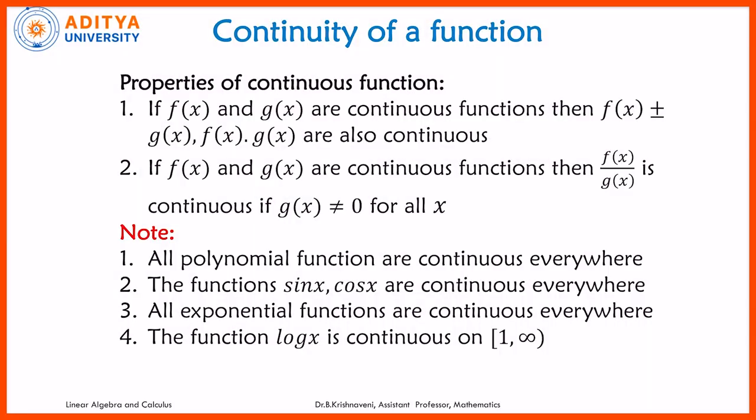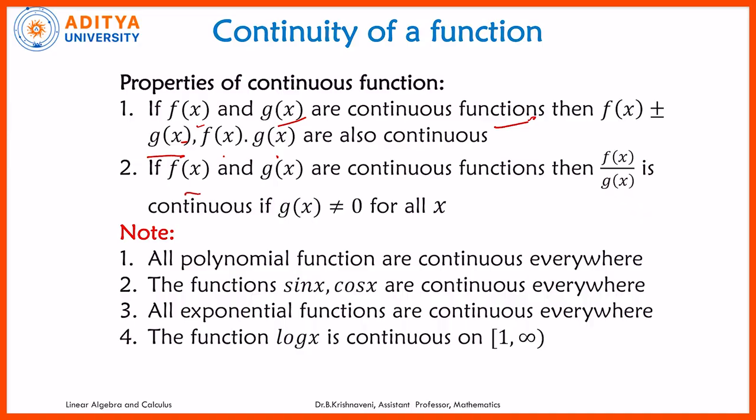Now, what are the properties of continuous functions? If we consider two functions f of x and g of x which are continuous, then f of x plus g of x as well as f of x minus g of x are continuous, and f of x into g of x is also continuous.